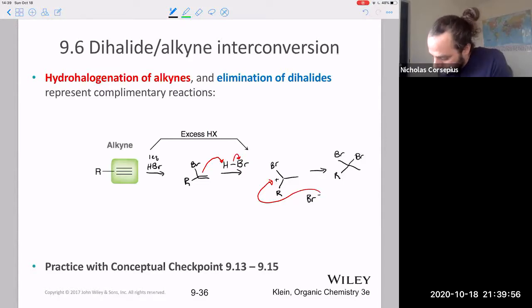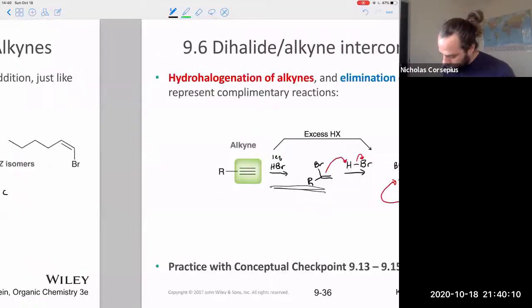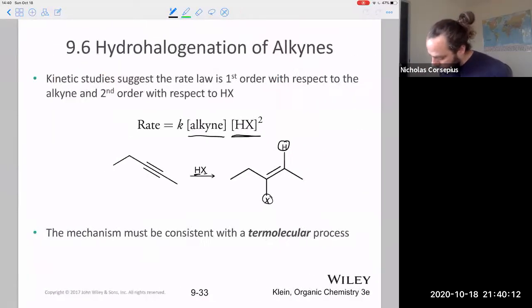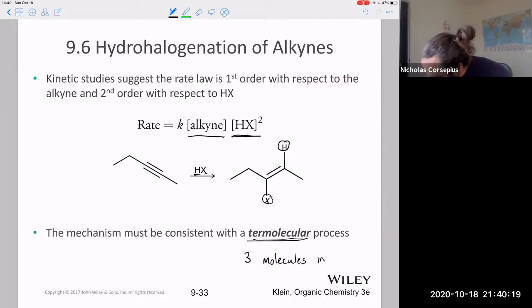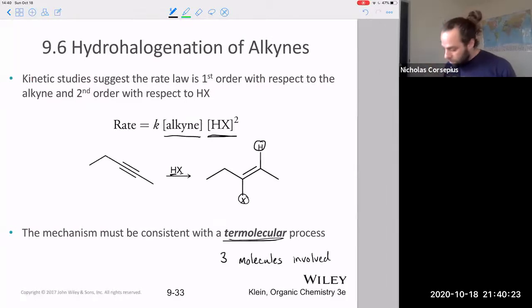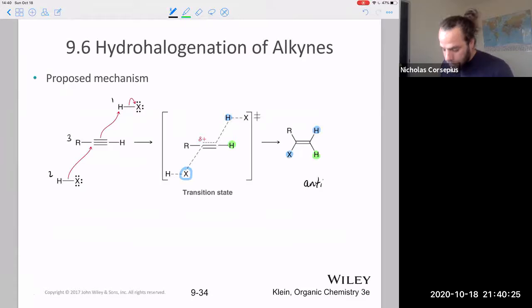Okay, and again, the first step here is the reaction mechanism that we just learned that involved both of those HBr molecules at once. I guess I should have pointed out, this is what we call a termolecular process, meaning 3 molecules were involved, right? So 1, 2, 3, this is our termolecular reaction mechanism.